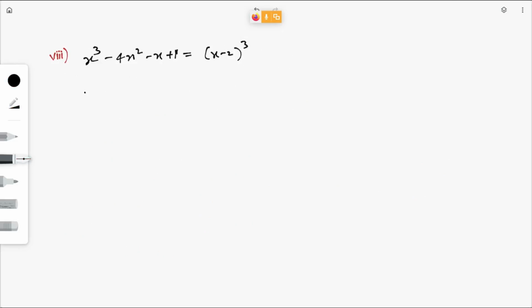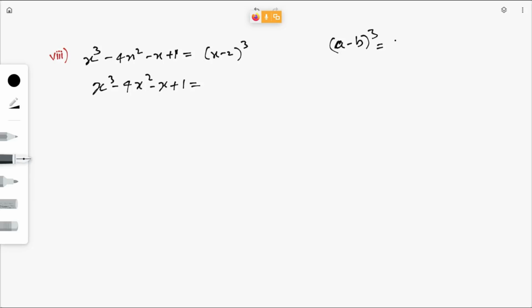Okay, so keep this RHS as it is, x cube minus 4x square minus x plus 1. Now expand this one, x minus 2 whole cube. You need to use this identity. What is that? A minus b whole cube.